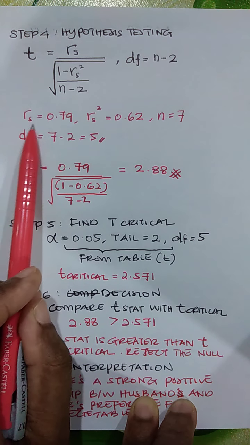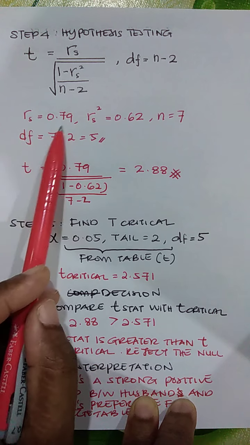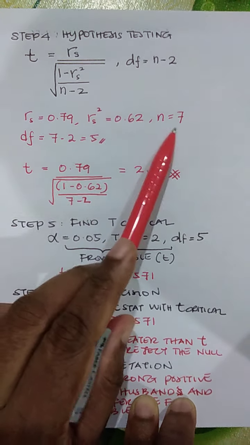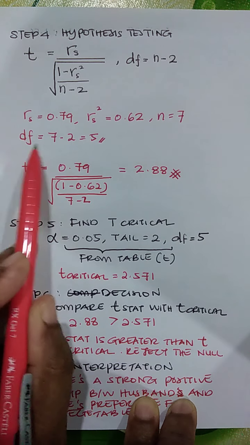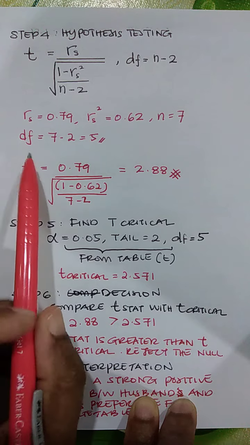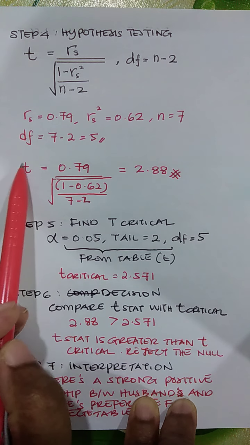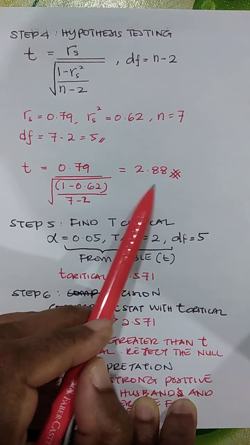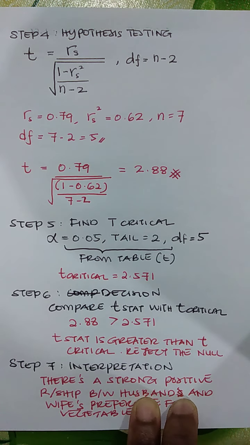So r Spearman is 0.79. When you square it, you get 0.62, and n equals 7. Degrees of freedom: you have 7 observations, minus 2, you get 5. With this information, you get your t statistic, which is 2.88. Then what do we need to do next?